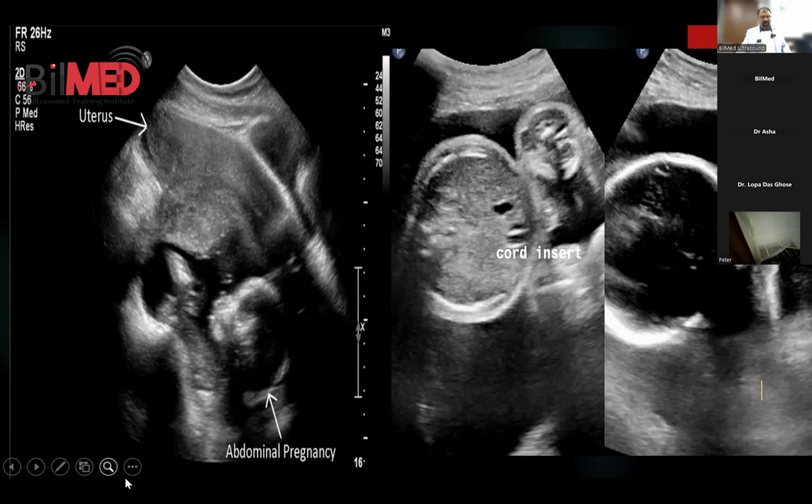But the point here is that in the third trimester, I will not see an empty uterus so that I can make a diagnosis of a secondary abdominal pregnancy.